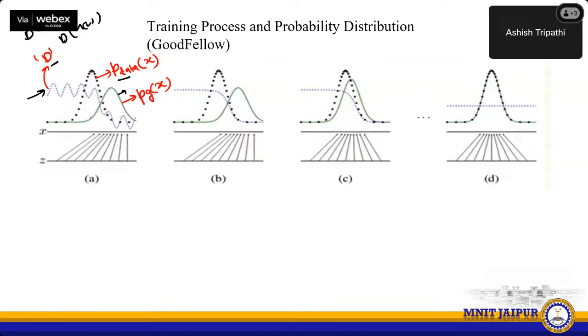Initially, you can see that this is the generated data, and this is the actual data, and this is the discriminator network. So the discriminator network will be clearly able to discriminate between the real and fake samples.